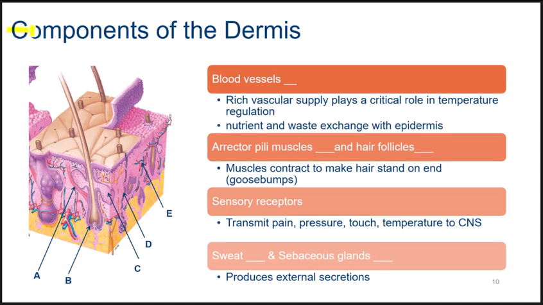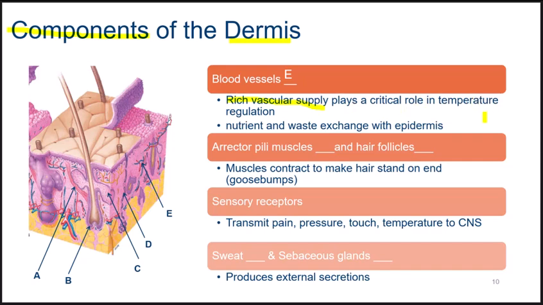Now we're going to talk about some of the components that make up the dermis, and make sure you always look at your slide heading so that you know what content the slide is discussing. As you can see from this image, there are numerous different components that make up the dermis. First, we'll talk about blood vessels. There's a very rich vascular supply of the dermis, and it plays a critical role in temperature regulation, as mentioned earlier.